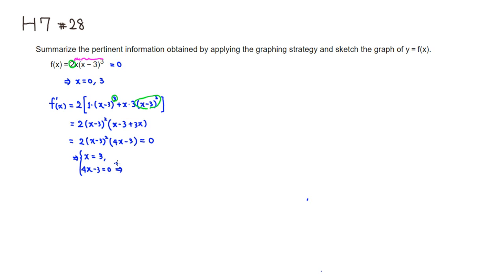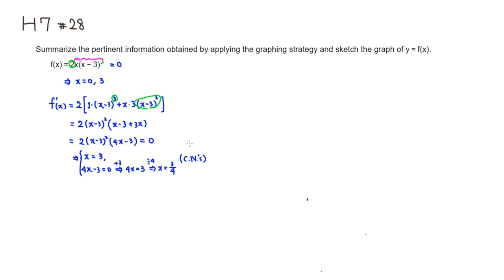Add 3 to both sides, so you get 4x equals 3, and then divide through by 4 to isolate x, so you have 3 over 4. Those are the critical numbers.